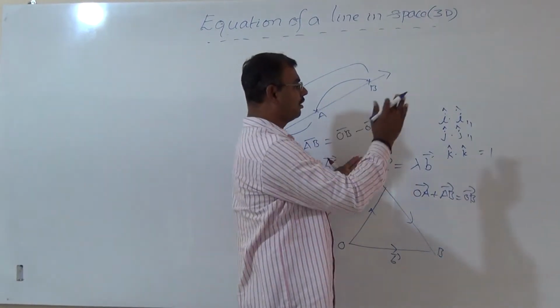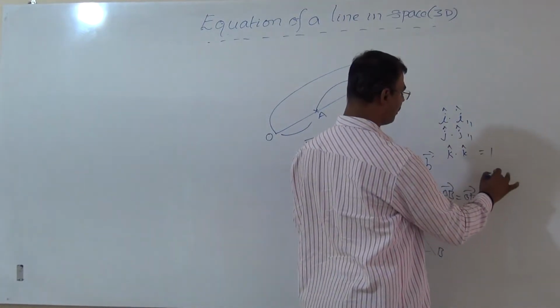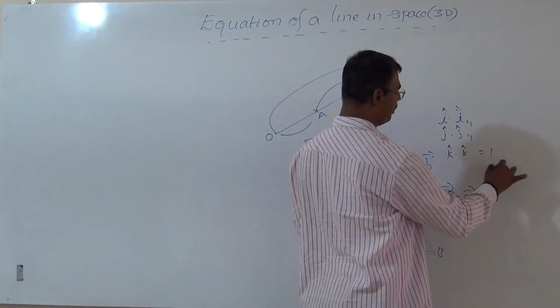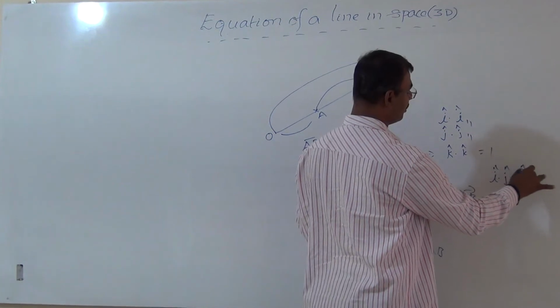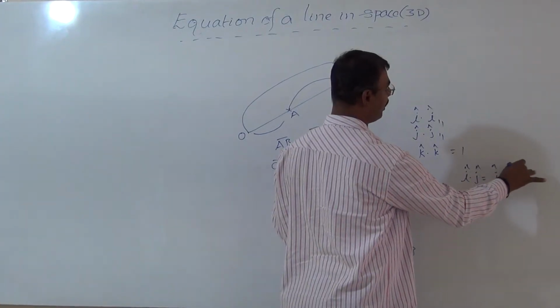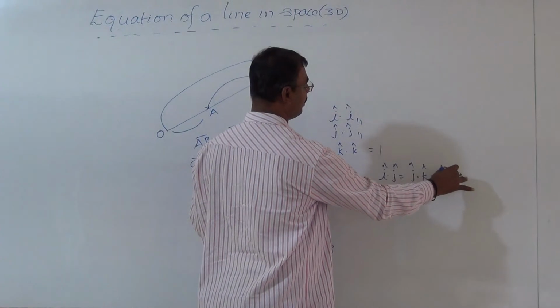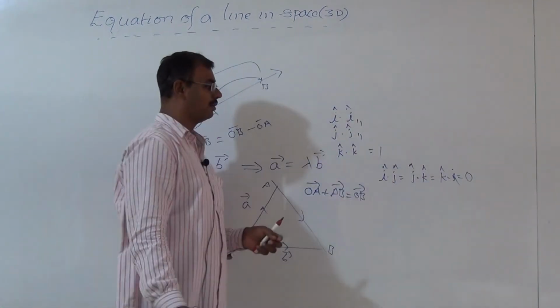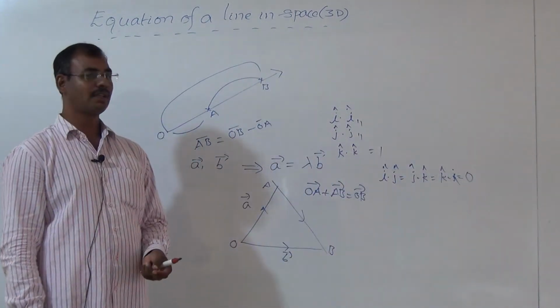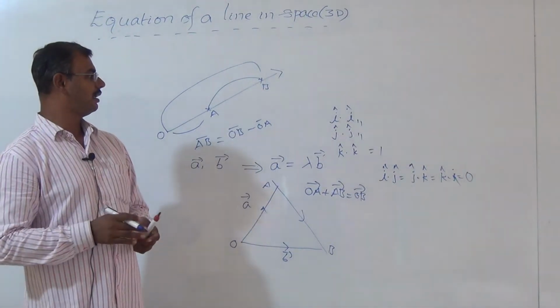If you take the dot product with another vector, i dot j is equal to j dot k is equal to k dot i is equal to what? 0. We all know these results. What is i dot i? It is equal to 1.